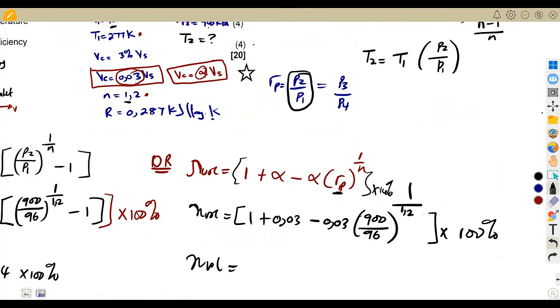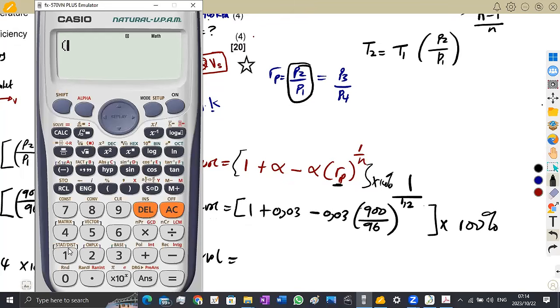Open a bracket: 1 plus 0.03 minus 0.03 times 900 over 96, to the exponent of 1 over 1.2. Let's solve, hoping I do not make a mistake here.